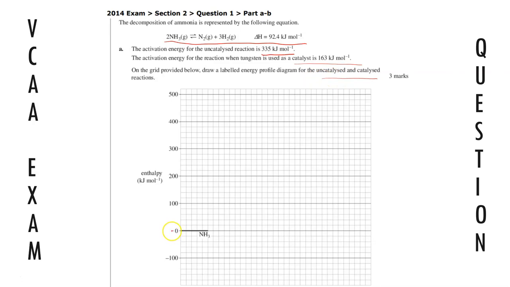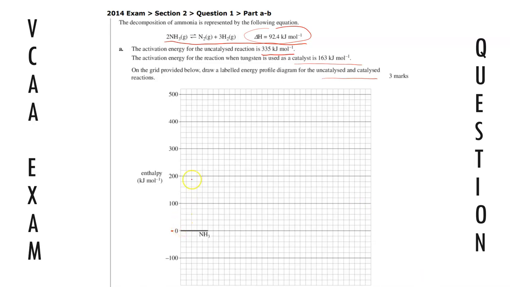So we've been given 0 as the starting point for NH3. We know that the energy as it progresses will have a delta H, so the difference between the reactants and the product is positive 92.4. So we would place our products at positive 92.4.